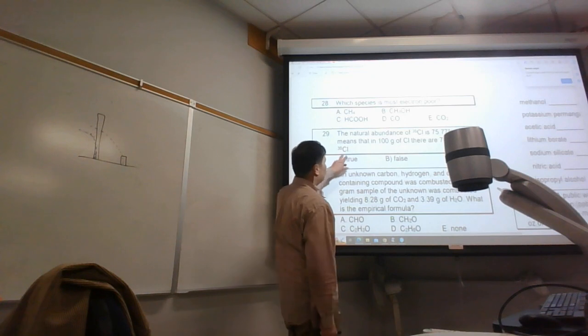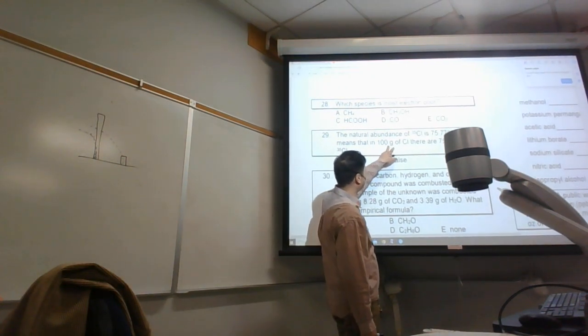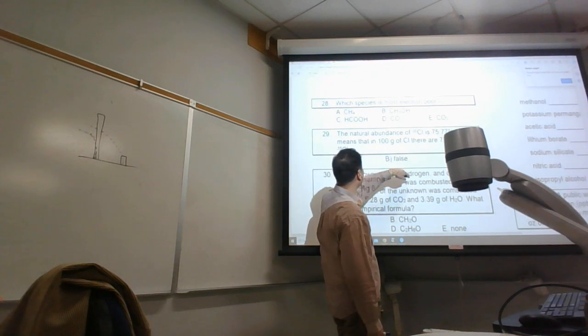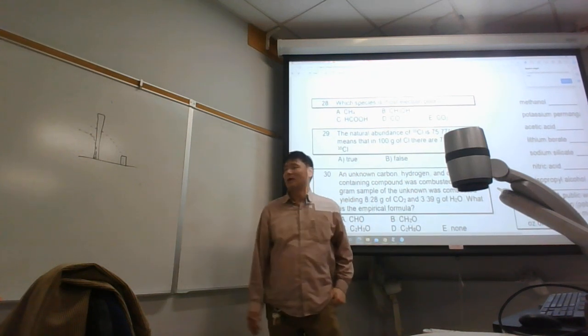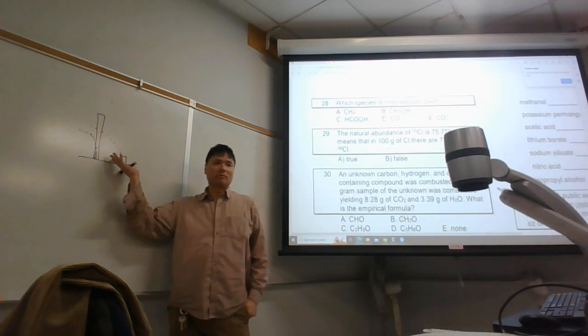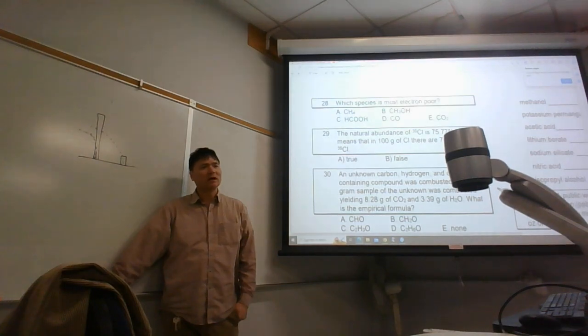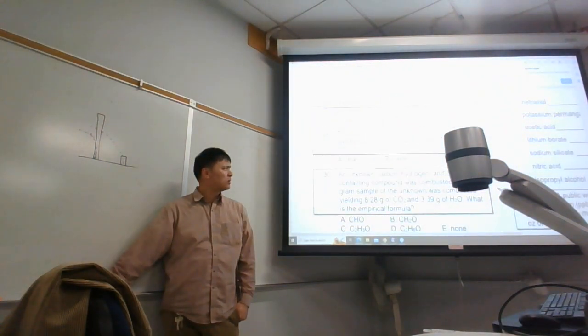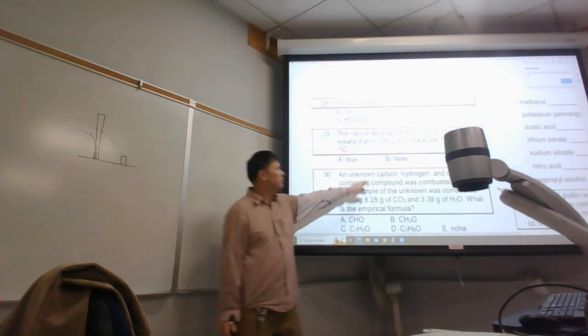If I make this a mass percent, 100 grams of chlorine with 75.77 grams of chlorine-35, that's wrong because of the way the mass spectrometer works. You have to know how the mass spectrometer works. Sorry, I thought this was a calculation for the average atomic mass of chlorine. So this is false.